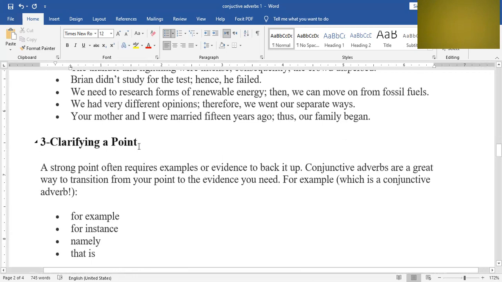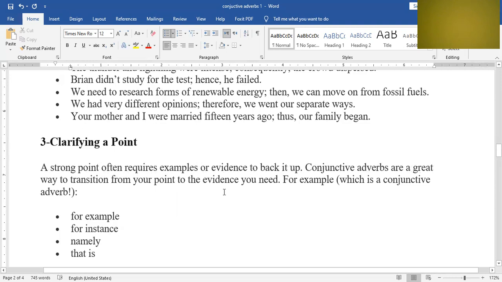Clarifying points. Clarifying points, it means we use when we want to explain an idea or to strengthen an idea by explanation. We use, for instance, we introduce the evidence, we introduce the clue which supports the idea we are talking about. A strong point often requires examples or evidence to back it up, to support it.